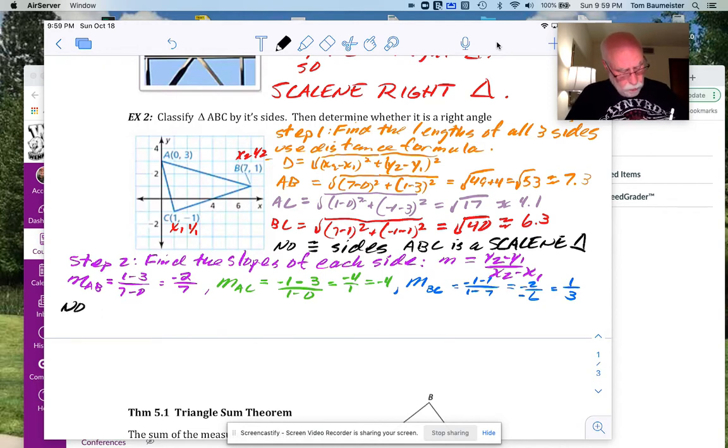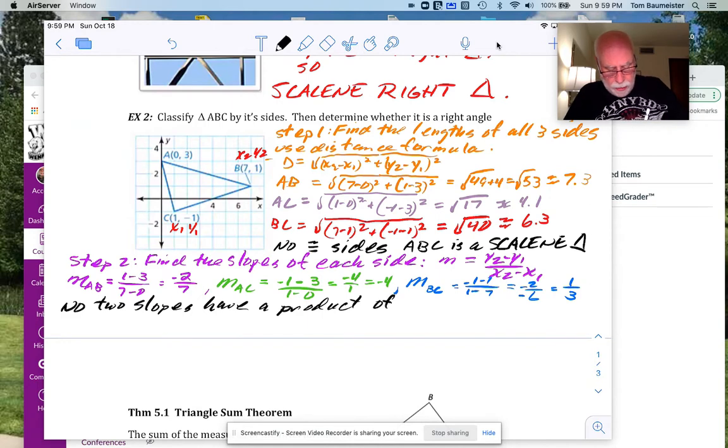So we can conclude that no two slopes have a product of negative 1, because remember, if they have a product that equals negative 1, then we know they're perpendicular. So since we don't have that, we can say no sides are perpendicular to each other.